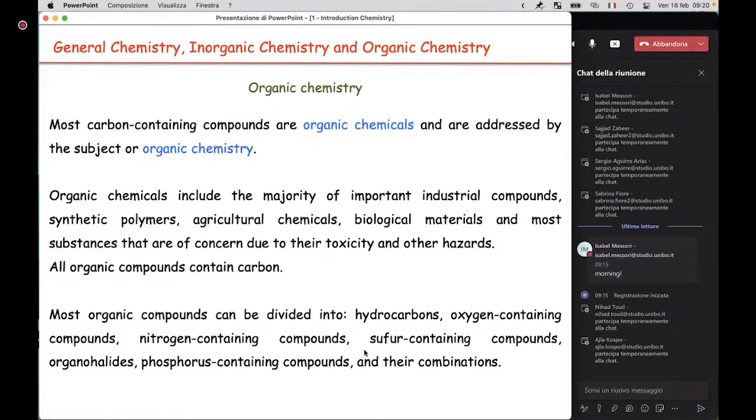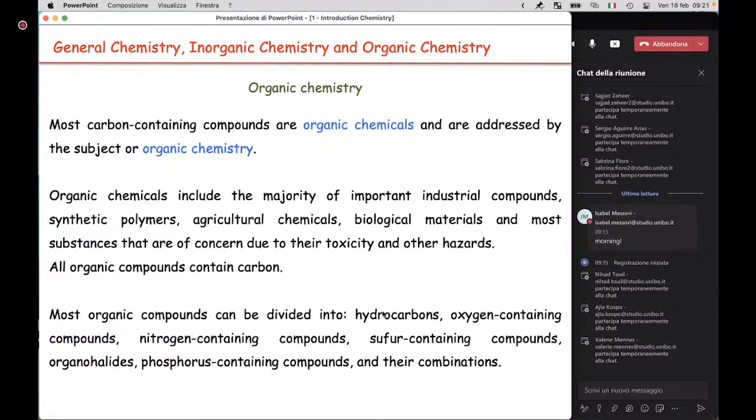Phosphorus-containing compounds. Of course, nothing stops a molecule from containing phosphorus and oxygen, or oxygen, sulfur, and nitrogen, and so on and so forth. So one or more so-called heteroatoms. Hetero meaning atoms different from carbon and hydrogen.